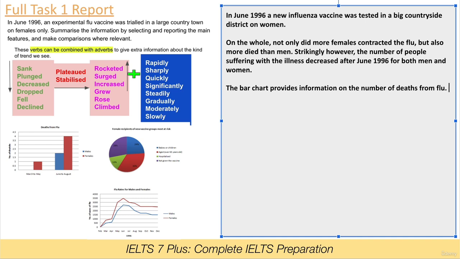There we go. Just a little opener to show what we're talking about here. Okay, so let's talk about before June, before the experimental flu vaccine was trialled. Before the vaccine was trialled, we can say one woman or one female, we don't want to repeat ourselves too much, had died from flu.